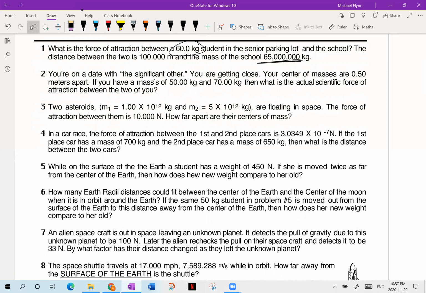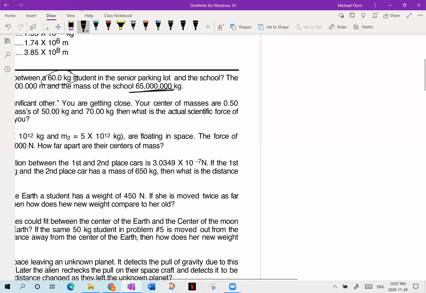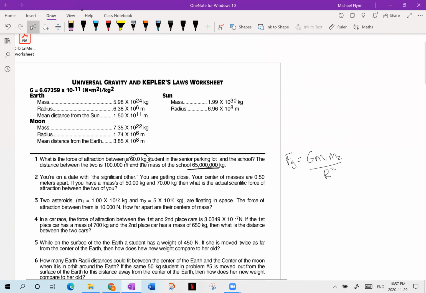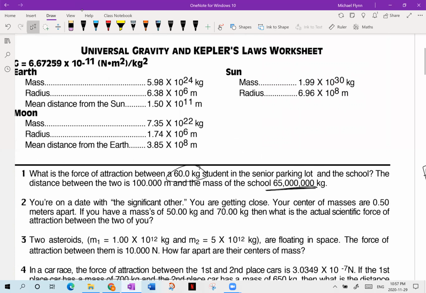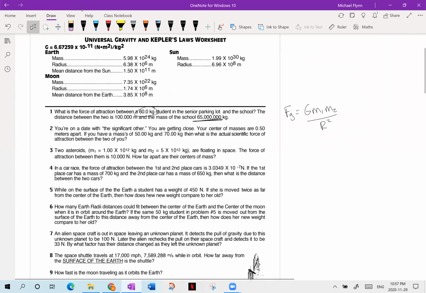To do that, all you have to do is use the formula. You don't really need a free body diagram. It's too simple. So the force of gravity is big G. In fact, you don't really need a free body diagram for any of these questions. Just go ahead and use the formula. You do need some data sometimes, so notice the data at the top.